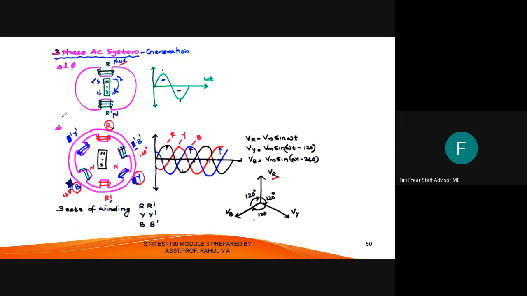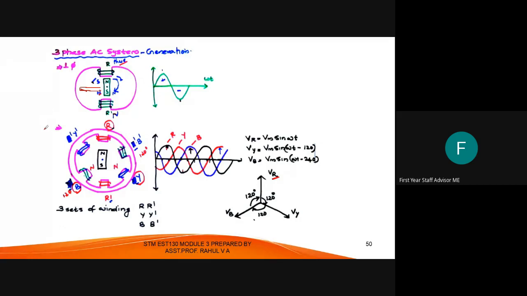For example, when the north pole comes from this side to this place, there will be a lot of change in flux linkages. We all know that as per Faraday's law, whenever the magnetic flux linked with a coil changes, an EMF is induced in the circuit.